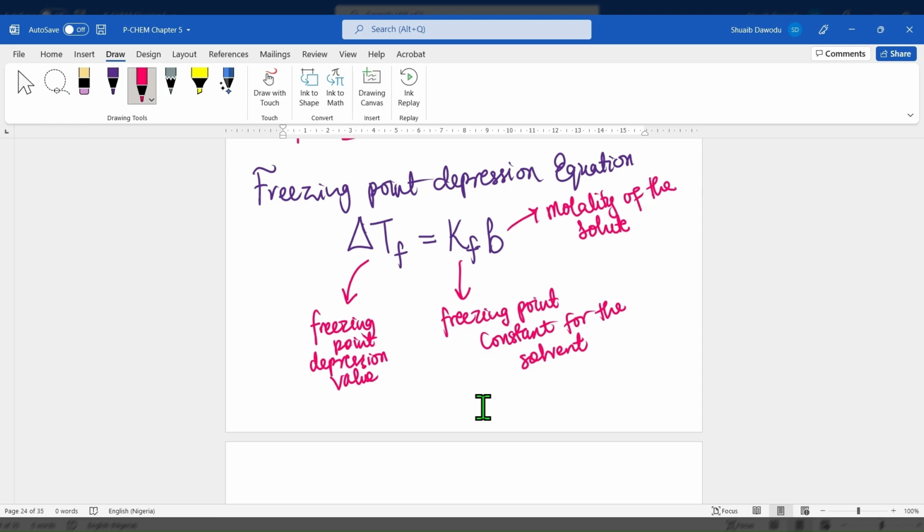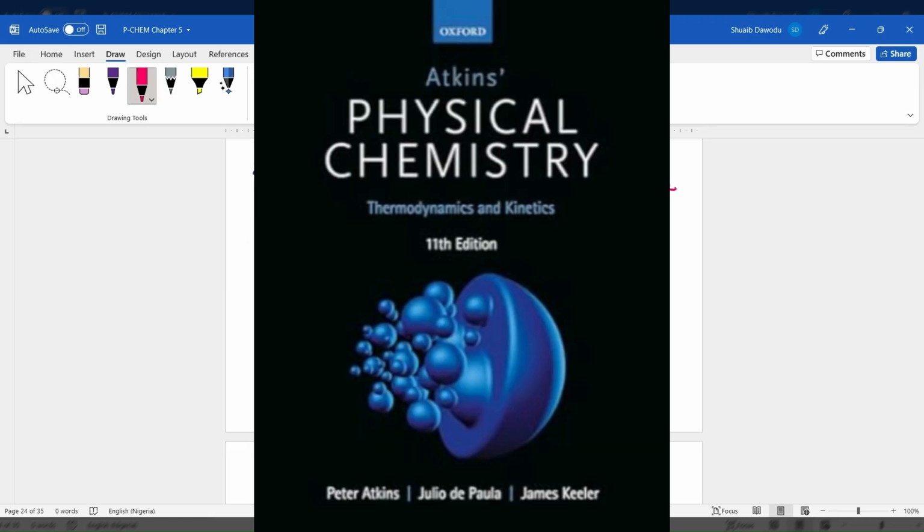We can always find out what the freezing point constant for the solvent is by checking Google, or in this case, the resource section at the back of the Atkins Physical Chemistry 11th edition textbook.